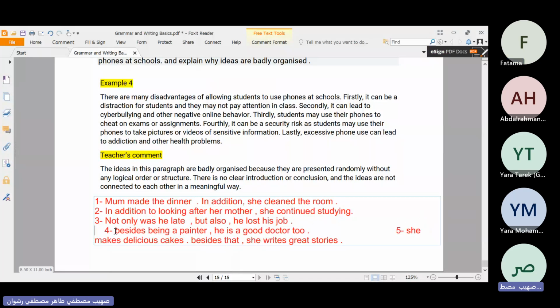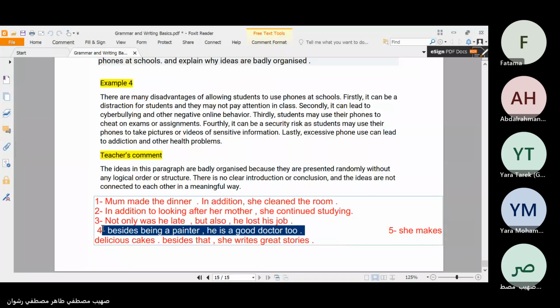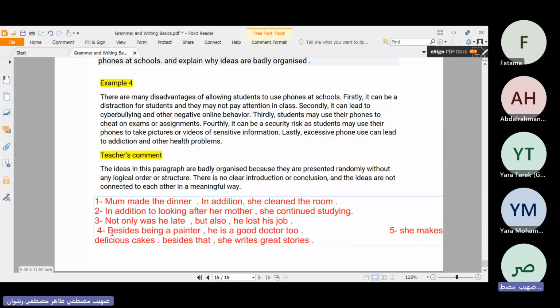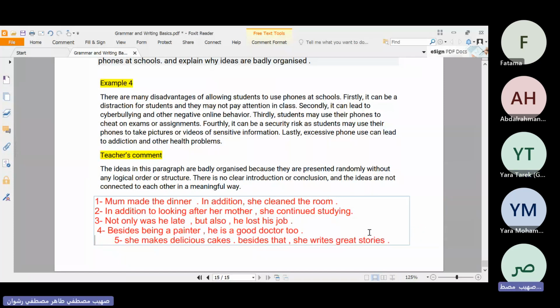Yara Tariq. Yes. Besides being up, is there any error here? Capitalize the B. Yes, we should capitalize the B. Besides being a painter, comma, he is a good doctor too. Yes. The last sentence.